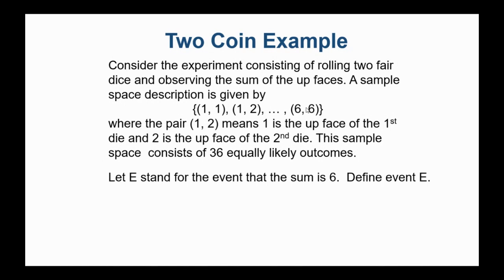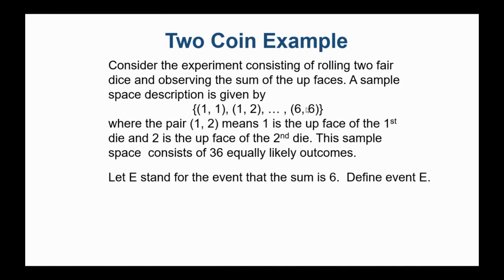To define event E, what are all the ways we could roll a 6? They add up to give you 6. If I had 1 on one die, what would I have to have on the other? 5. So 1 and 5.